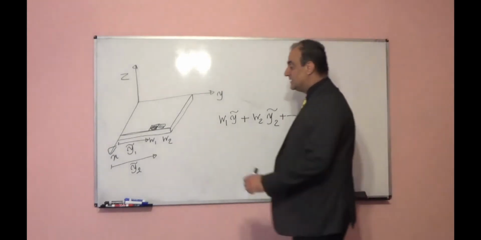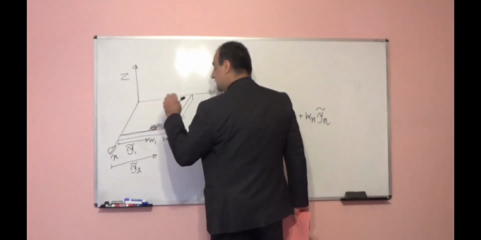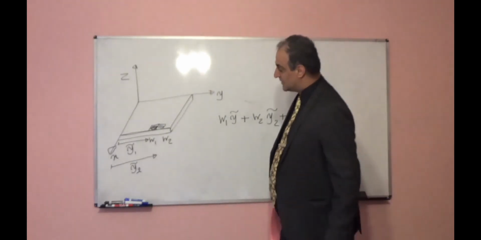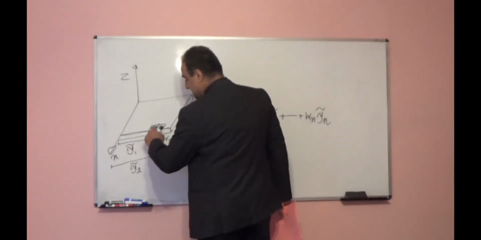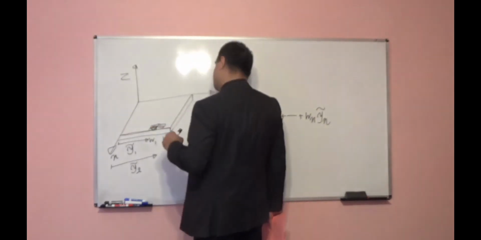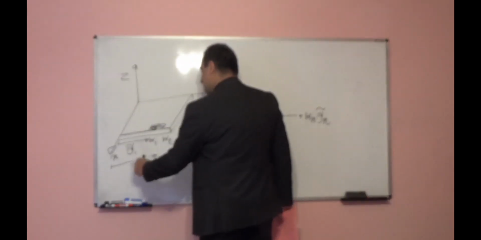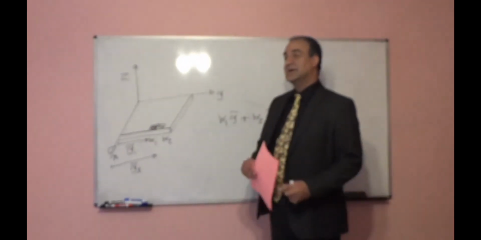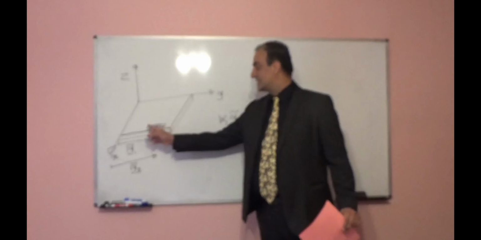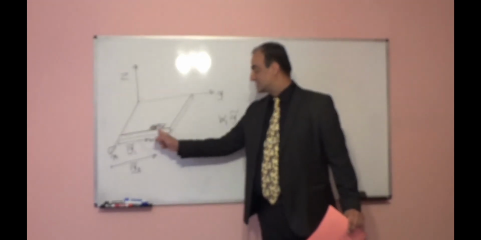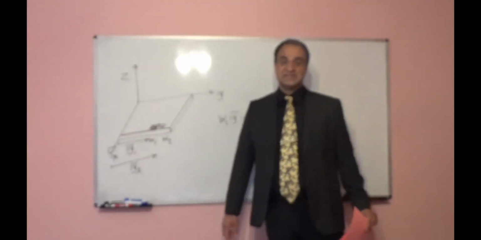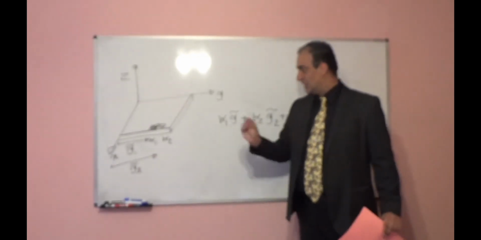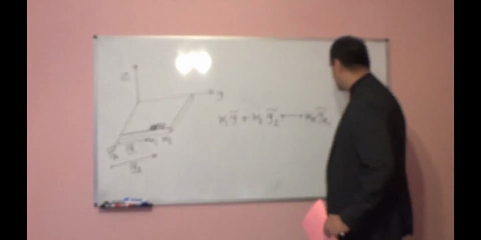If I divide this plate into n small segments or elements, pay attention, y tilde 1 is the distance of this element up to x-axis, and y tilde 2 is the distance of this element with respect to x-axis. The distance from centroid up to x, or the distance of element up to x, is the same, because we assume that each element is very small and rectangular in shape.